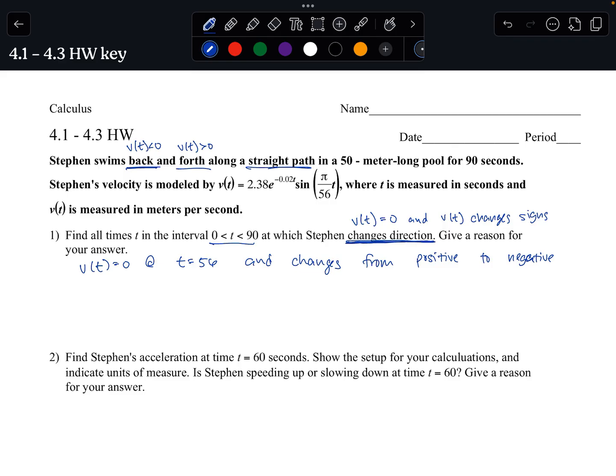That's what we want to identify. And so the time in the interval is t equals 56. And what's the reason? V of t changes from positive to negative.